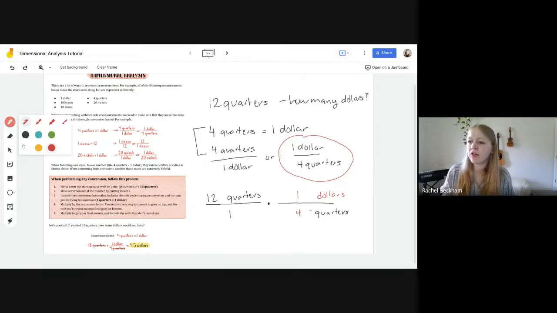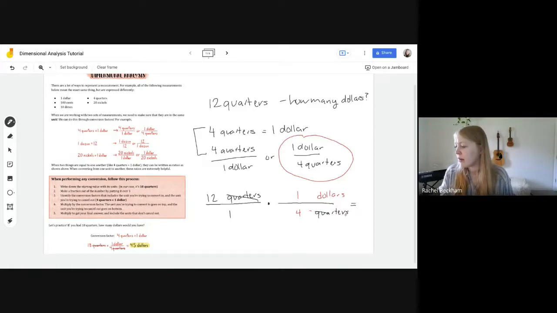And now this is just a multiplication problem. If you notice, our quarters are going to cancel out because really it's like quarters divided by quarters. I know that's kind of a weird thing, but it's kind of just like a math problem. And even though quarters is not a number, if you've got quarters on top and it's multiplied and then the other quarters is on bottom, they're going to cancel out.